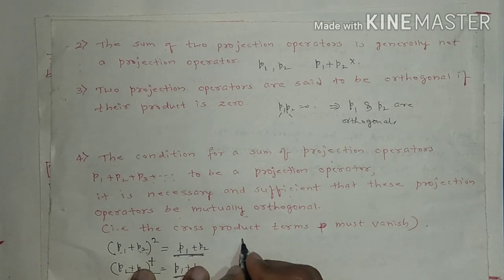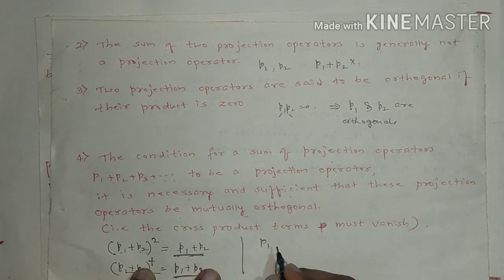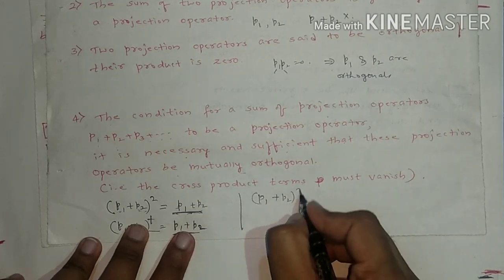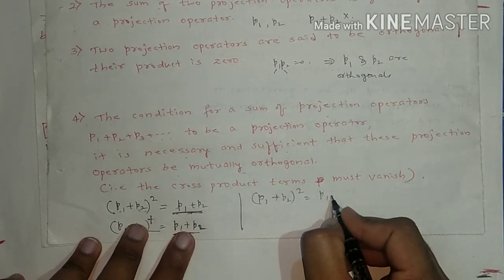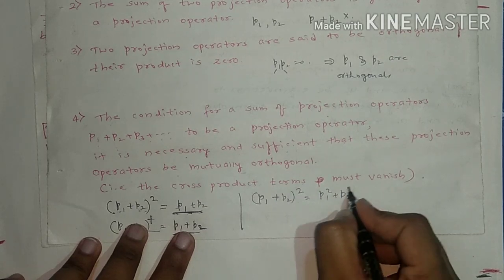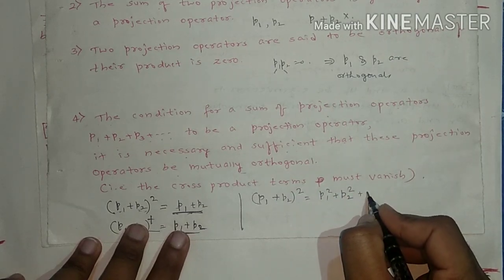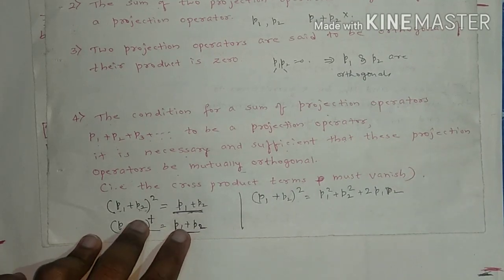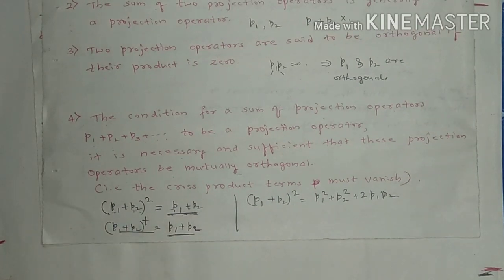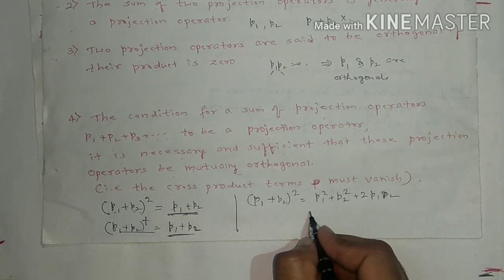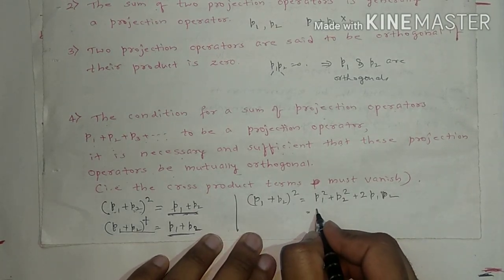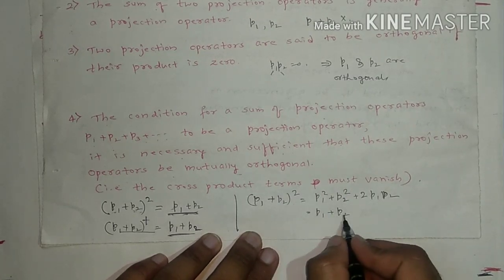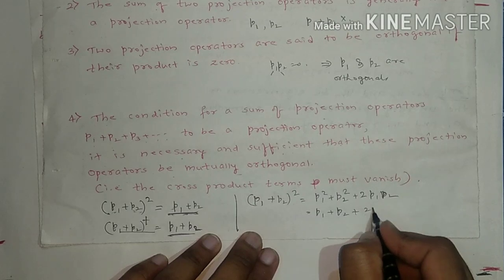Okay, so consider P1 plus P2 square. So this will be P1 square plus P2 square, and cross terms will come here, 2P1 P2. This can be written as P1 square is P1, P2 square is P2, because P1 and P2 are projection operators, and 2P1 P2.